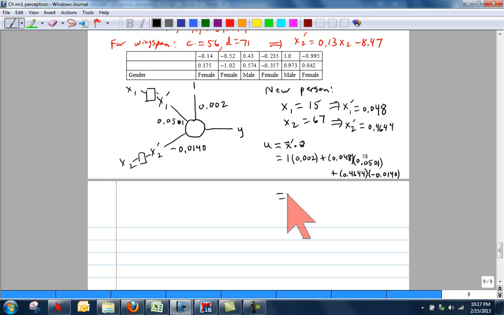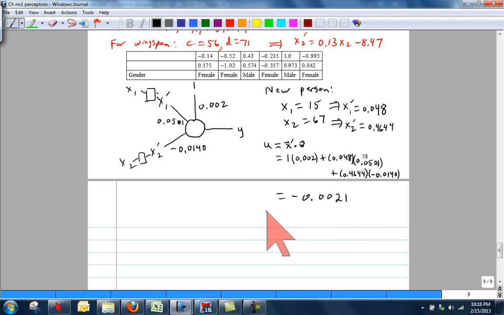Check my work here. And I got negative 0.0021.